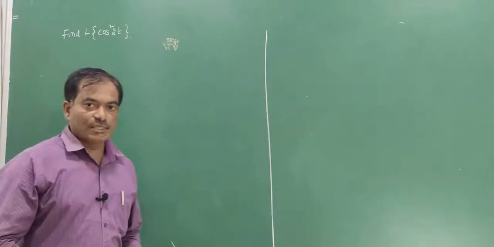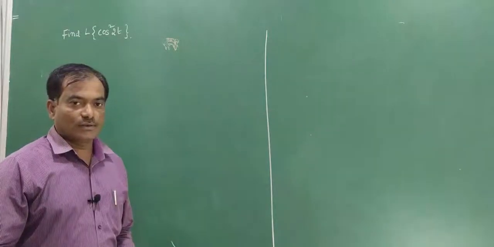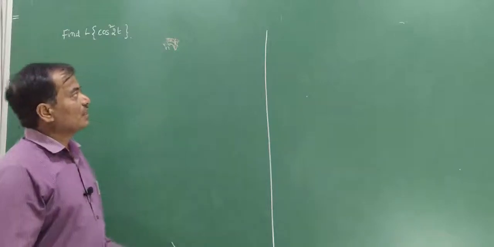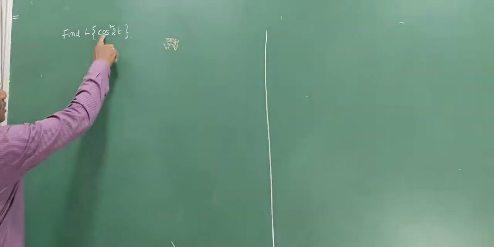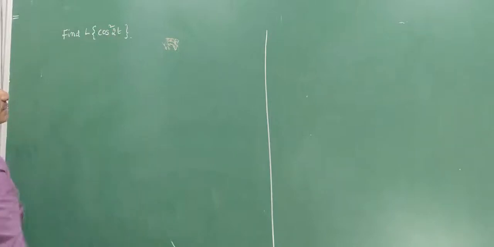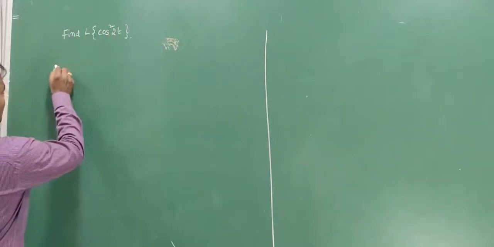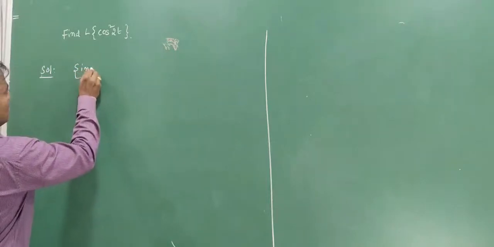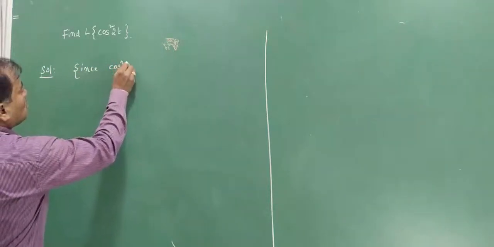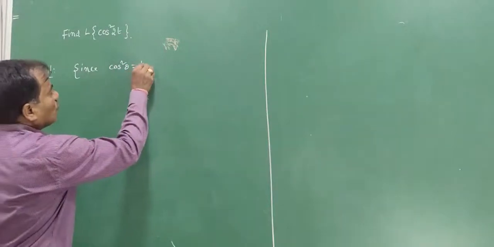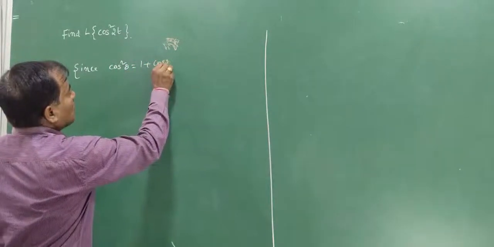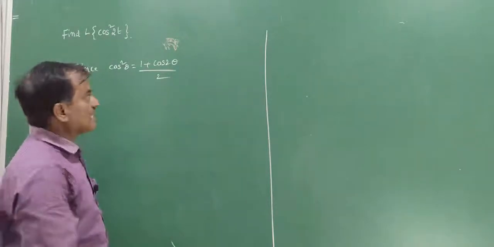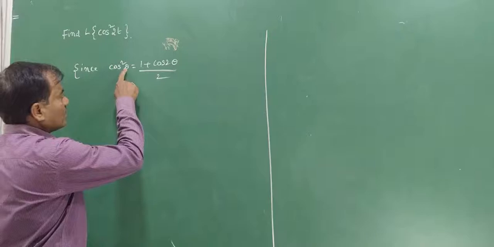There is no direct formula for the Laplace transform of cos square 2t. So first we have to write cos square 2t in terms of cos only. Since cos square theta equals 1 plus cos 2 theta by 2. Here, this is theta.